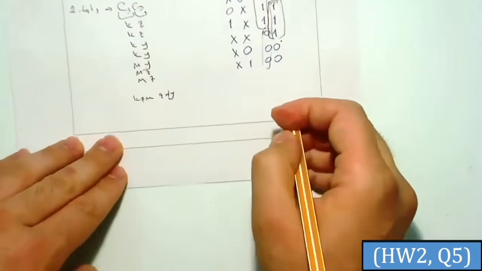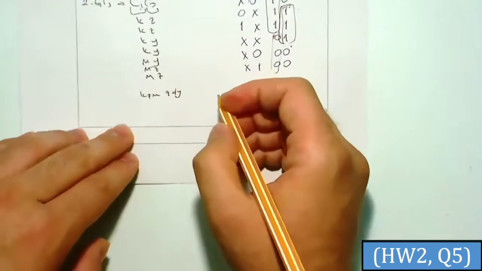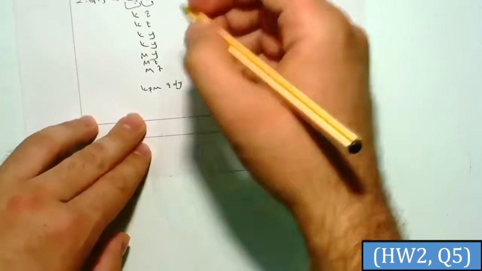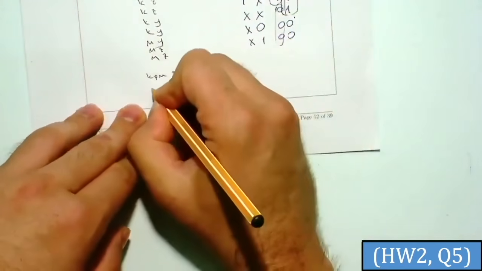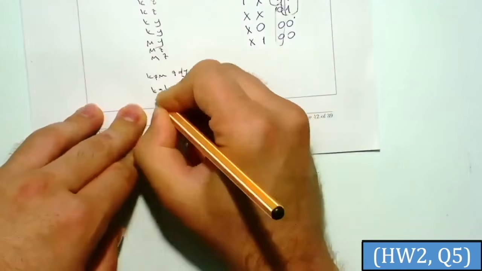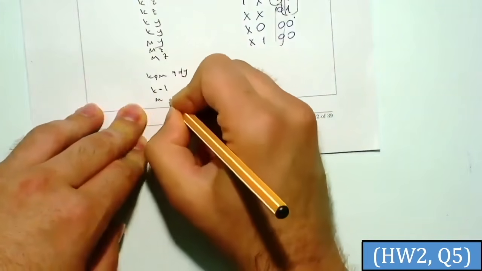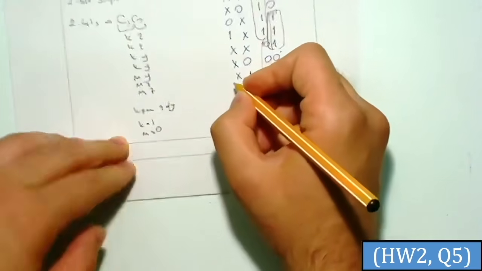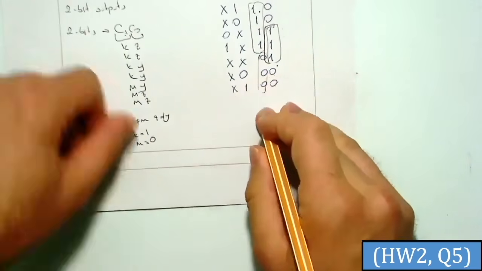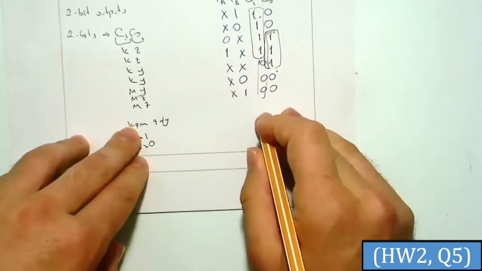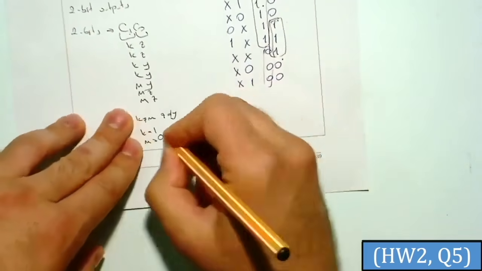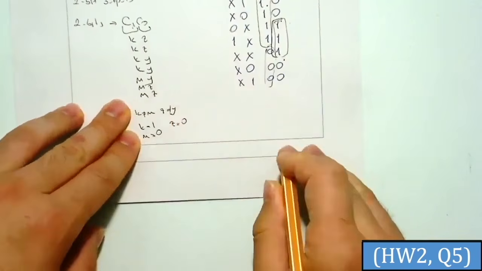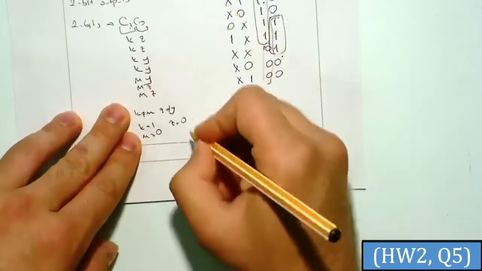But what you can see here as well is that if you give K, for example, 1, then M will be 0, right? And when you give Z 0, then Y will be 1.